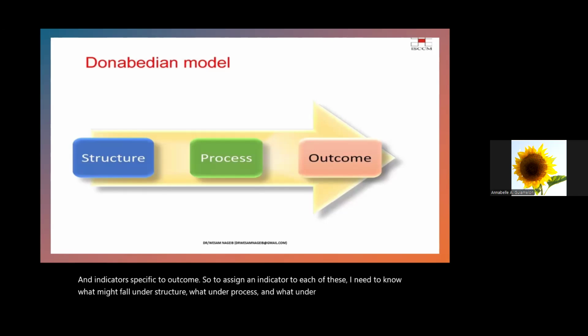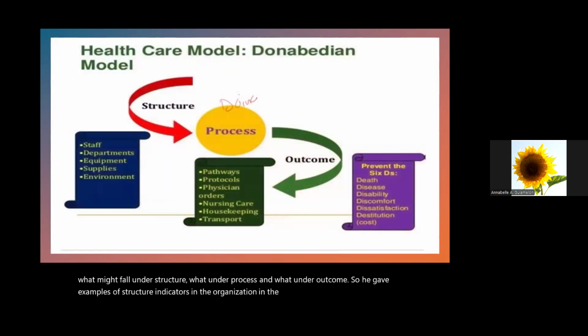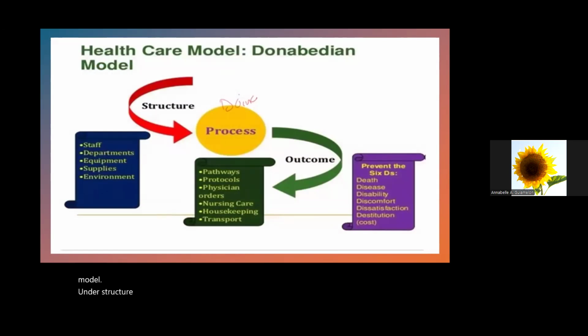So he gave examples of structure indicators in the organization. In the healthcare model of Donabedian, under structure, process, and outcome, he gave examples of structure indicators in the organization.